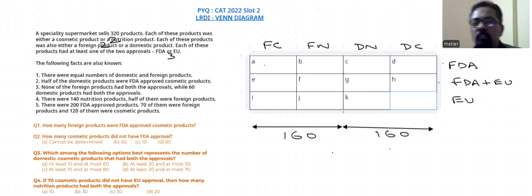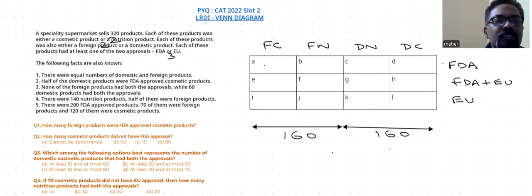Okay. Now, these are the things we are getting here. Now, what they are saying is that half of the domestic products were FDA approved cosmetic products. So half of the domestic products will be FDA approved cosmetic products. Check it here, FDA approved domestic products.